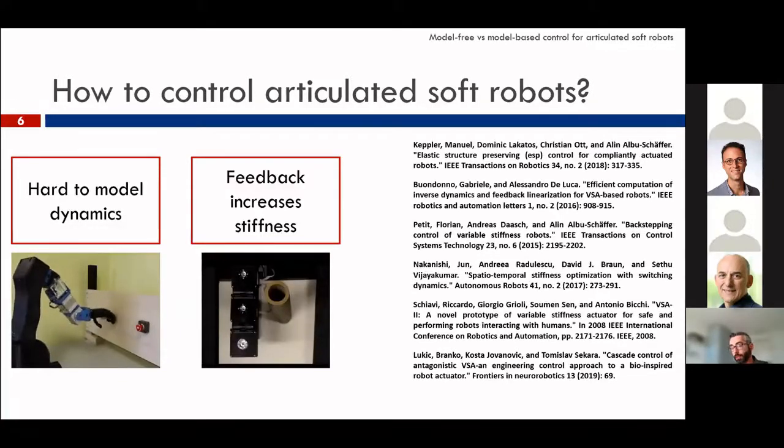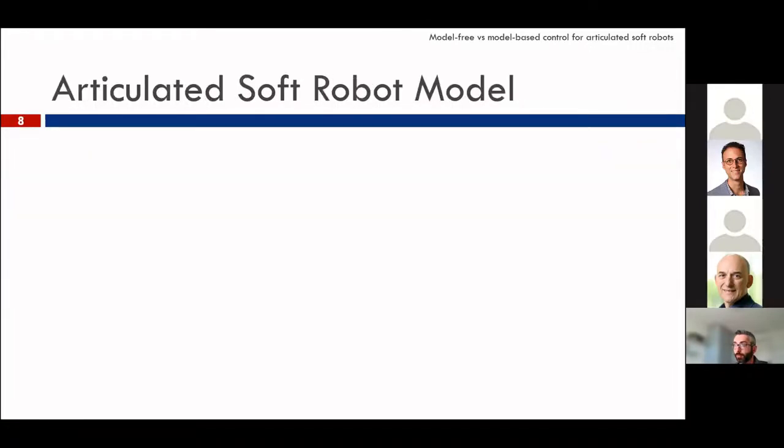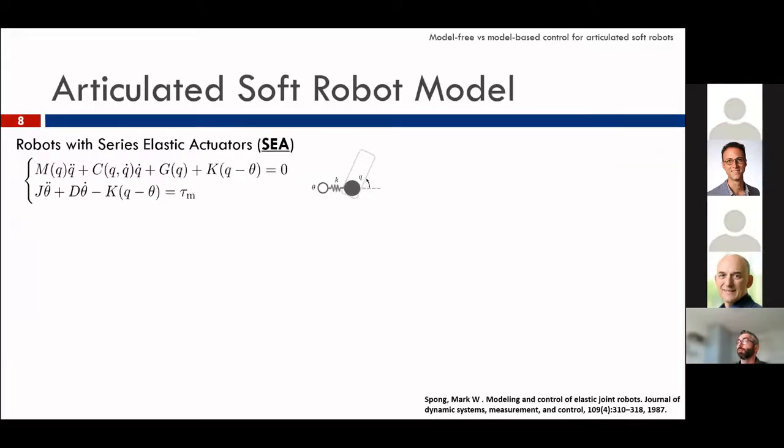The first issue is that the dynamics is hard to model, as we already saw today. An articulated soft robot can be modeled in this way. If the robot is series elastic, these are the equations, and there is a part of the dynamics that describes the motion of the link, and a part of the dynamics that is related to the motors.